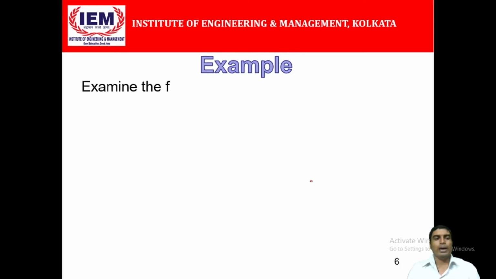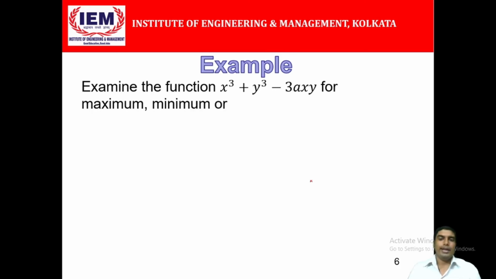Suppose we want to find the maximum and minimum value of the function x cubed plus y cubed minus 3axy, where a is a constant, but I don't know its value, it might be positive or negative. Based on that, we have to find the minimum, maximum or saddle point of this function. We have two variables, x and y.